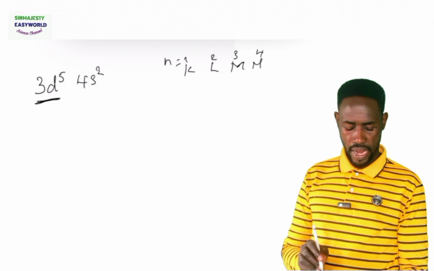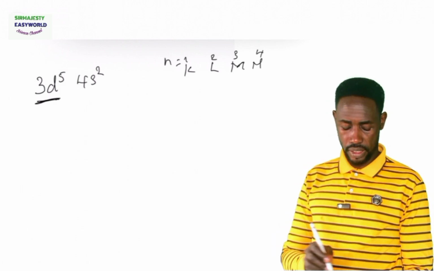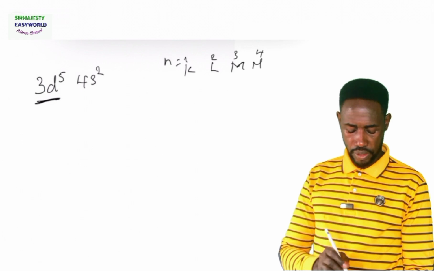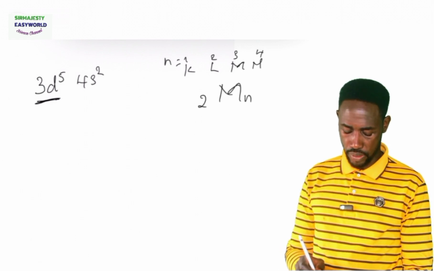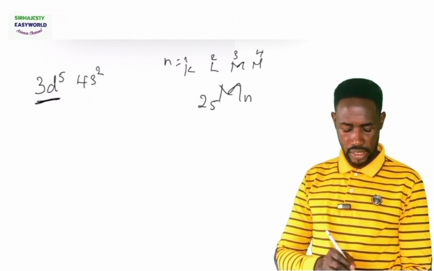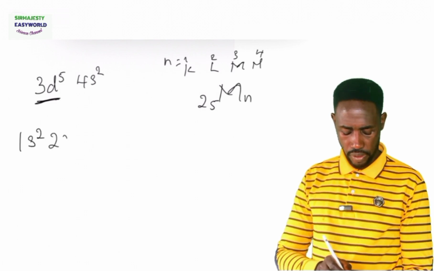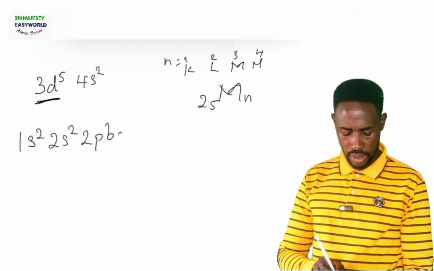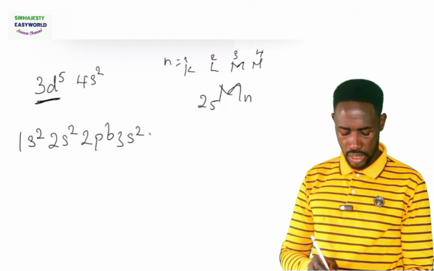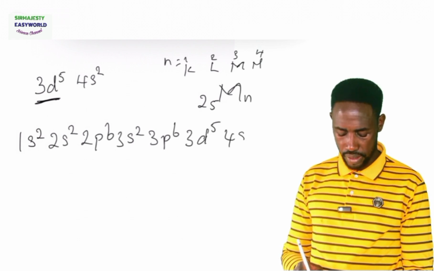Therefore, this is the electronic configuration of manganese, which is number 25. What matters is the end of the configuration, but for the sake of clarity: 2s2, 2p6, 3s2, 3p6, then 3d5, 4s2.